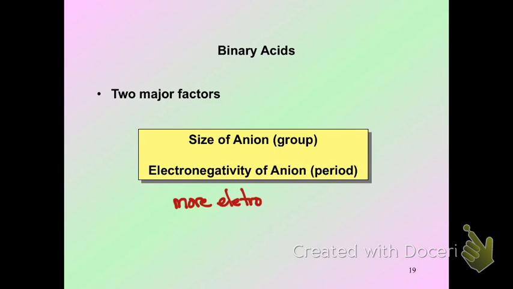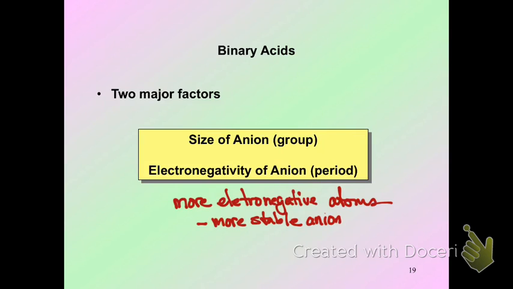More electronegative atoms make for more stable anions, which make for stronger acids. I'm going to call it the conjugate acid, but I'll just say acid.